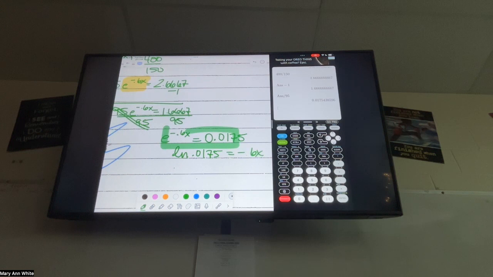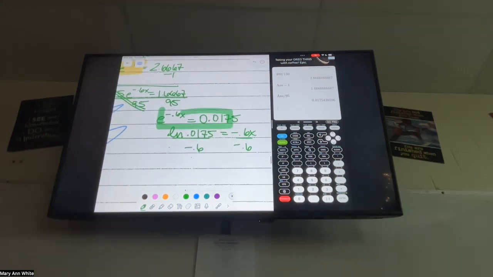And again, at this point, you can either do the ln of the decimal and then divide by negative 0.6, but I'm going to divide by negative 0.6 from both sides now, and I'm going to simplify that. I'm going to put that all in my calculator. So I get 6.7426.